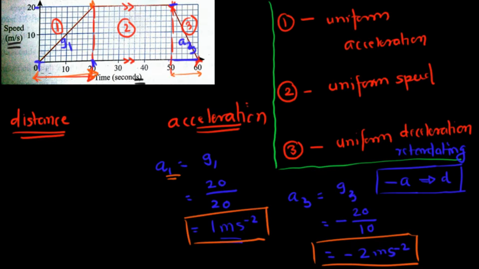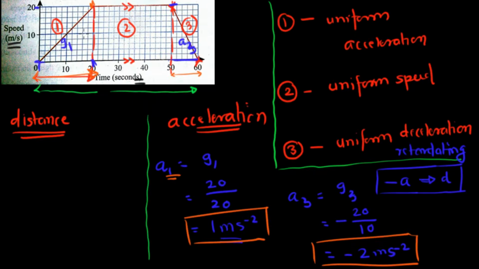Okay, the next part that we'll be talking about is the distance. Distance traveled in the entire journey from 0 to 60 seconds. If I want to calculate the distance, if you remember, I told you we can calculate the distance by finding the area under the graph.